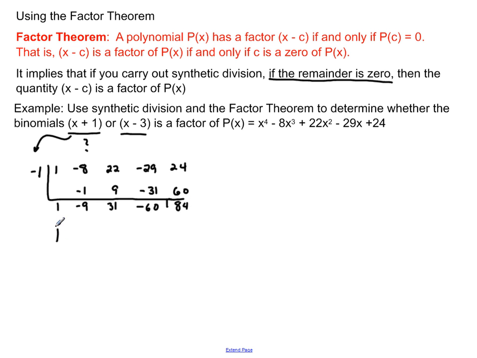Well, what we've just found is that p of negative 1 would be equal to positive 84, not 0. So we can say that x plus 1, as a result, is not a factor.